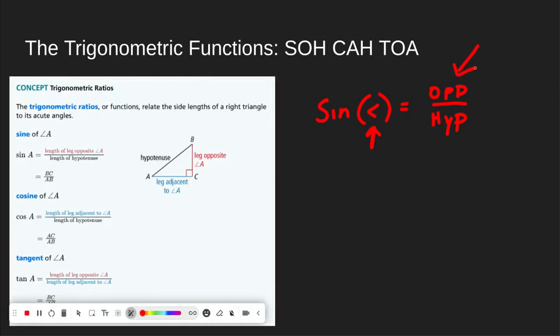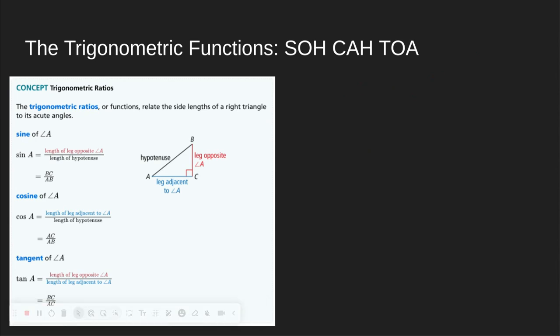What you've learned this year is as your angle gets bigger, do this with your hands, the side opposite of that angle gets bigger, right? And then this, your hypotenuse, is always across from the right angle. It's always the longest side of your right triangle.